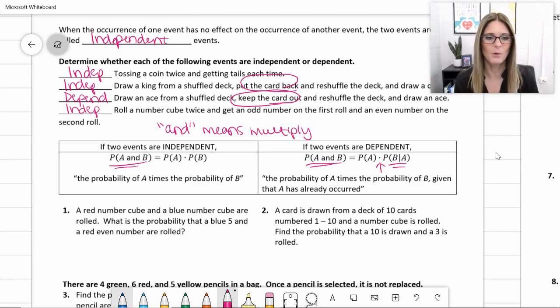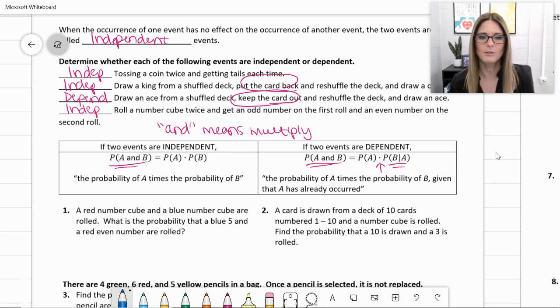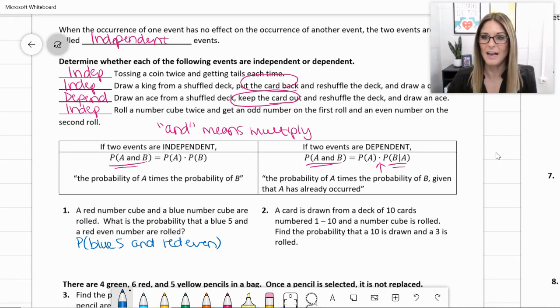Let's look at them. Number one, the red number cube and blue number cube are rolled. What is the probability that a blue 5 and a red even are rolled? So probability of a blue 5 and I want a red even. So the probability of rolling a 5 on the blue number cube, there's only one 5 out of 6 sides of this number cube.